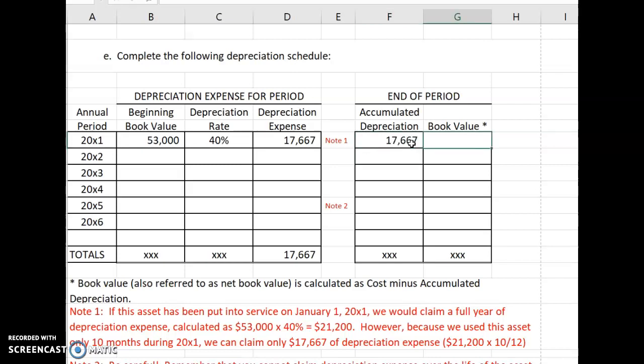And the book value, as you know, is cost minus accumulated. So cost of $53,000 minus the accumulated, our book value at the end of X1 is $35,333.